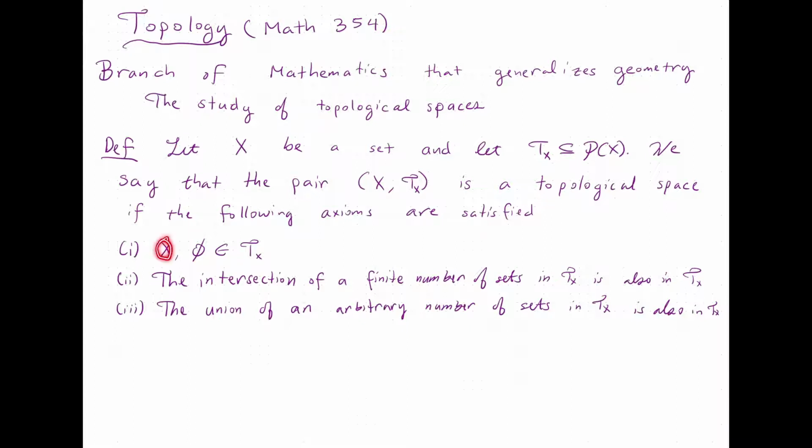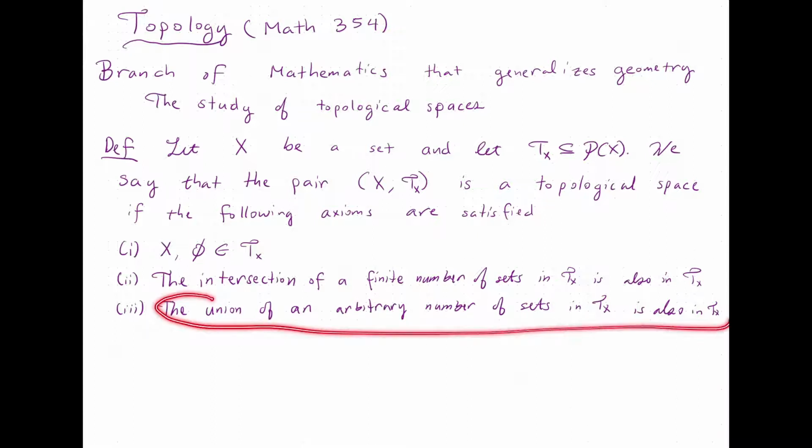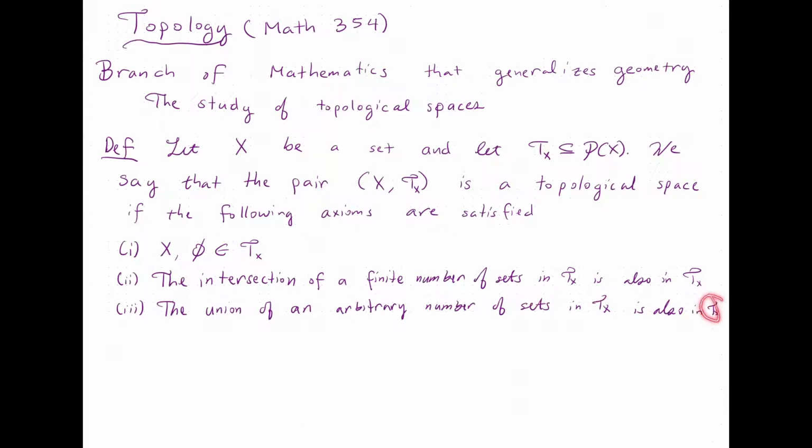We have that X, the whole set, and the empty set are in T sub X, and we have that the intersection of a finite number of sets in T sub X is also in T sub X. And if we take an arbitrary union, then that will also be in T sub X. And we call the elements in T sub X the open sets of the pair (X, T sub X), the topological space.